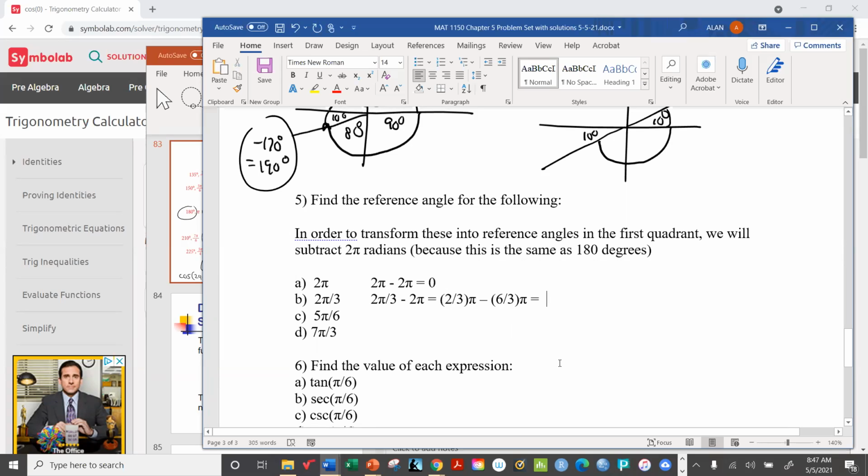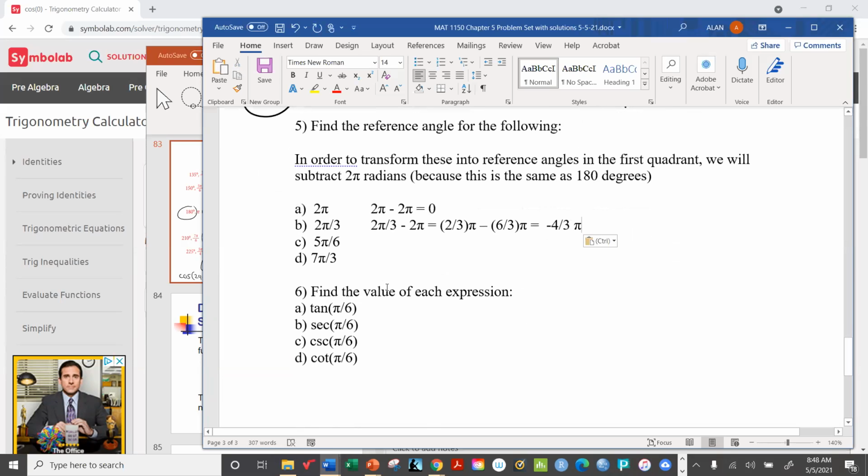And so we're going to wind up with -4/3 pi. Now, -4/3 is not in the first quadrant. Let's see, where is it? We have to convert it again.